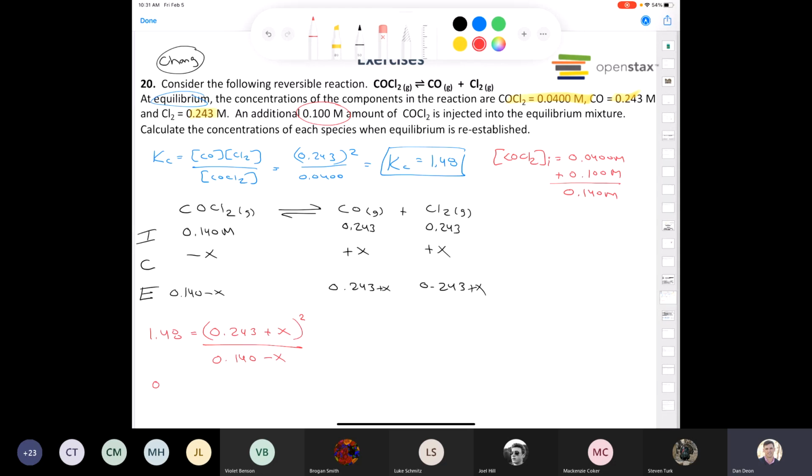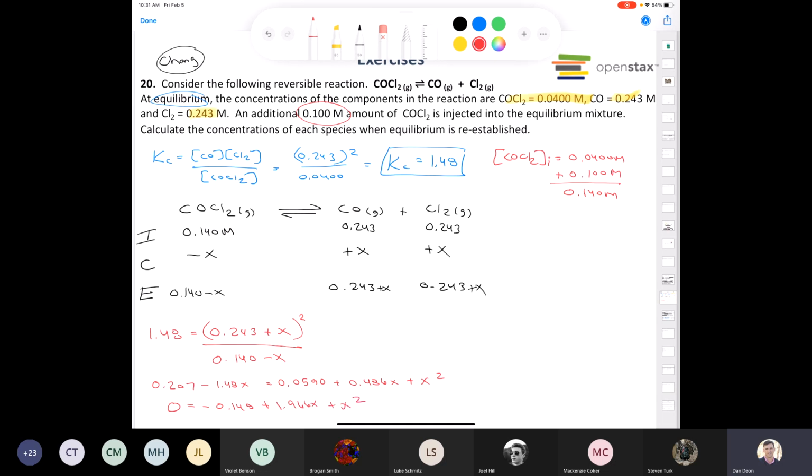Now, I simplified it to 0.207 minus 1.48x is equal to 0.0590 plus 0.486x plus x squared. And then I solve for 0, and I get 0 is equal to negative 0.148 plus 1.966x plus x squared.